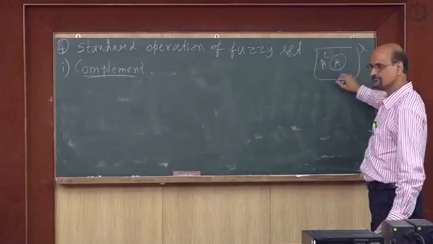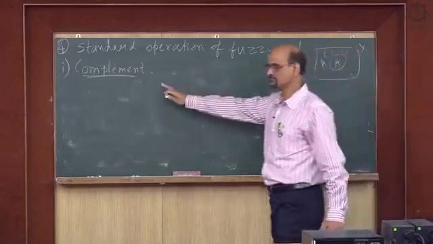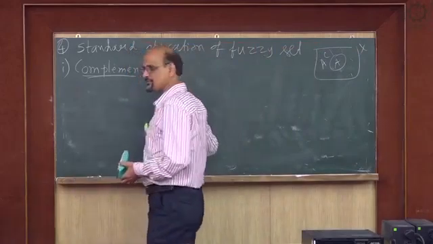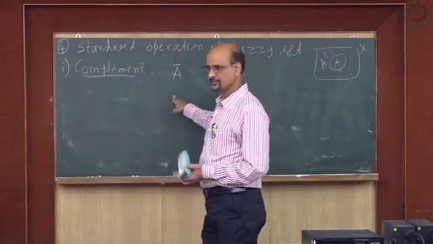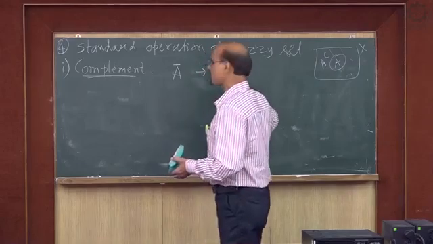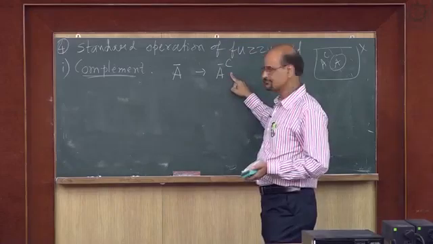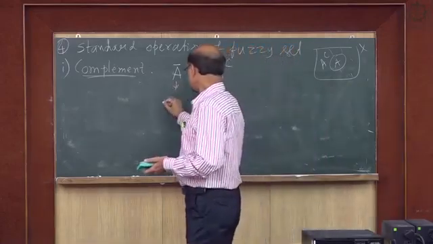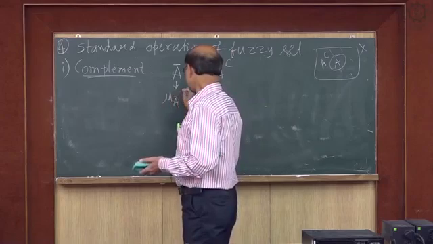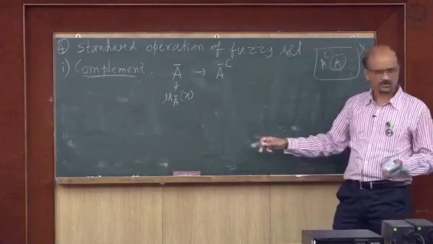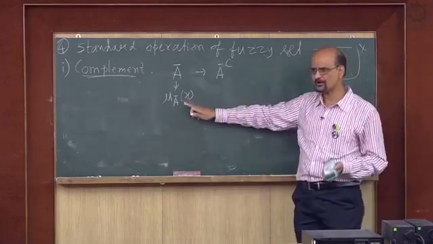Here I have a fuzzy set A bar, and I have to find its complement. We denote this complement as A bar C. For each x you have a membership function mu A bar x.